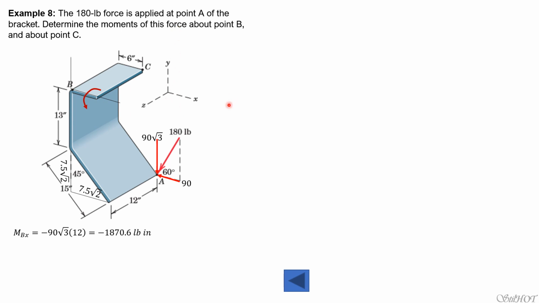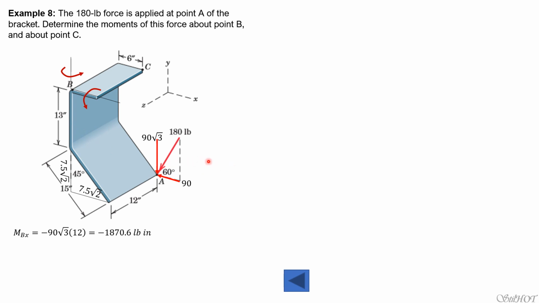Next, about By. Y is the vertical axis, so that's the By axis. Again, position your right thumb towards the positive y-axis. Your forefingers will curl in that manner. So the positive moment about the y-axis through B is in that direction. So we ignore the 90 square root of 3 pounds because it is parallel to the By axis.